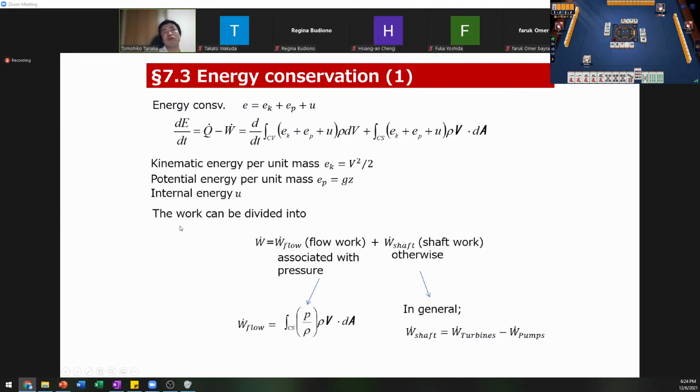And then the work can be divided into work associated with pressure and also work acting outward, which is shaft work. Okay.